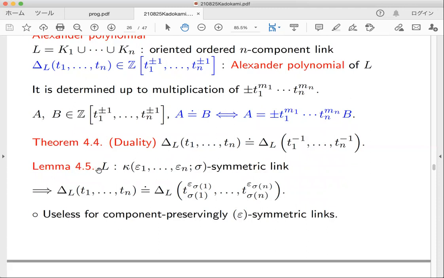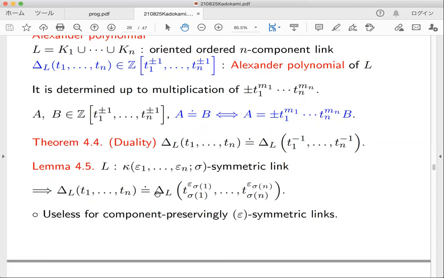Lemma 4.5. Let L be a kappa epsilon 1 delta epsilon n sigma symmetric link. Then we have this equation. But this is not so strong a restriction.